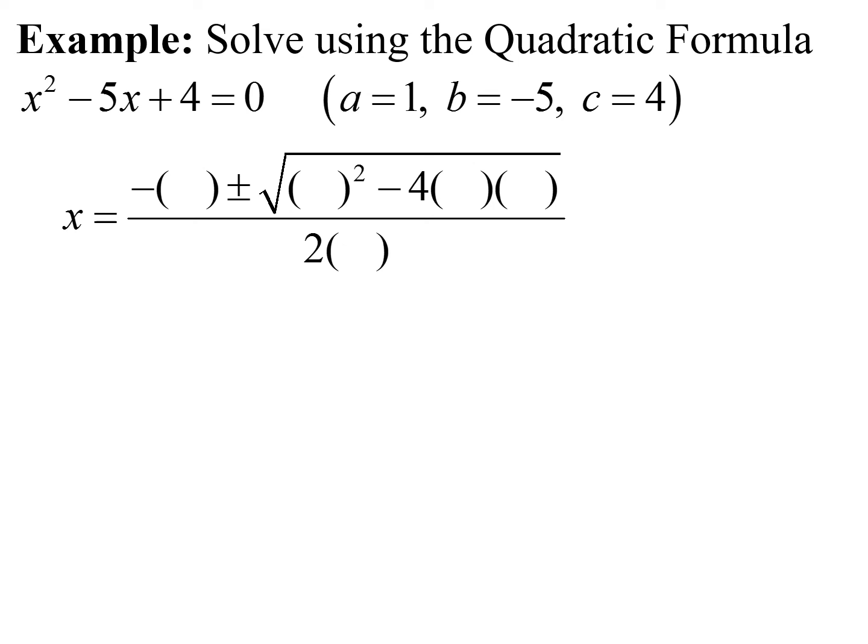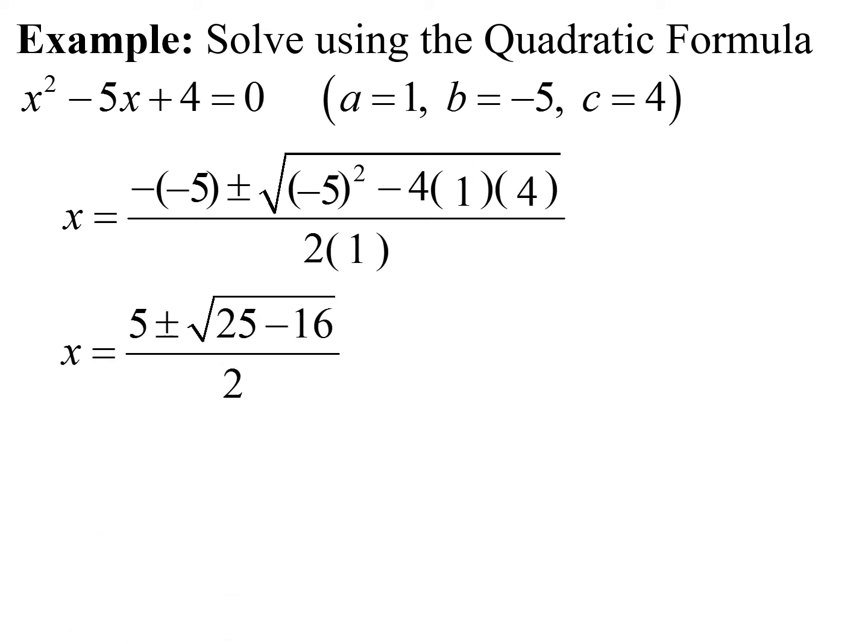So we want to fill in our blanks. We're going to fill in x equals negative b. So b is equal to negative 5, so it's negative negative 5 plus or minus the square root of b squared, negative 5 squared, minus 4ac. A is 1, c is 4, all over 2a. A is 1.